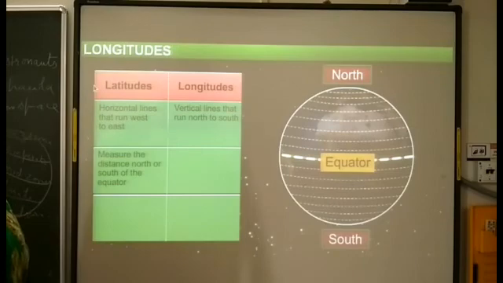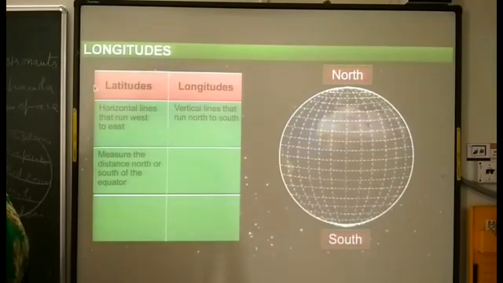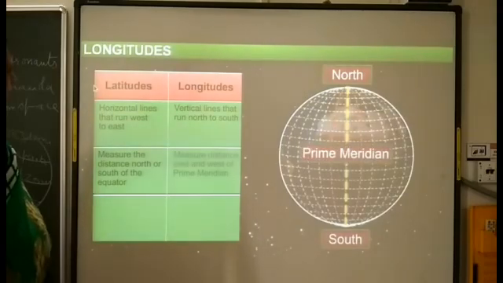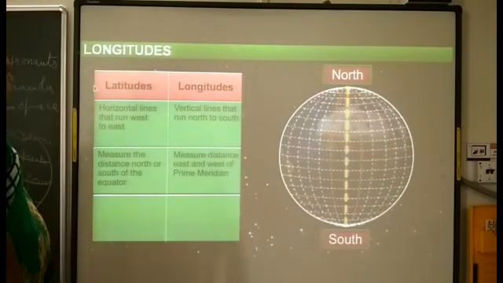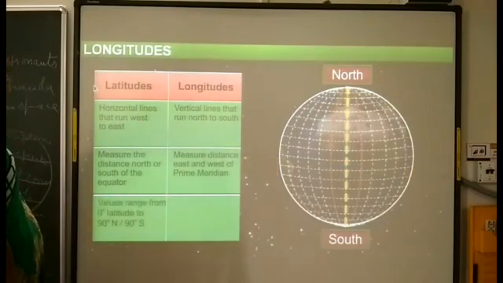Therefore, they measure the distance north or south of the equator. Longitude lines, on the other hand, are not parallel lines. Therefore, they do not run parallel to the prime meridian. They measure the distance east and west of the prime meridian.